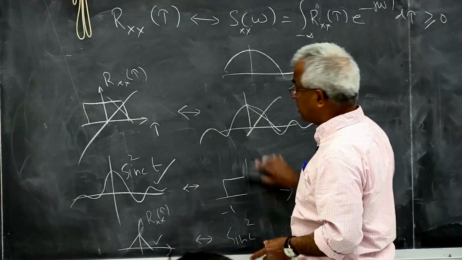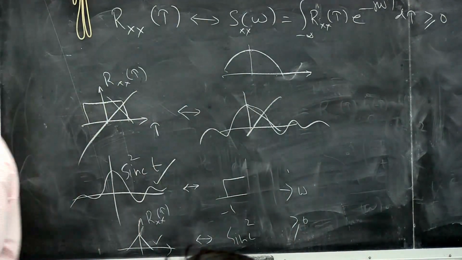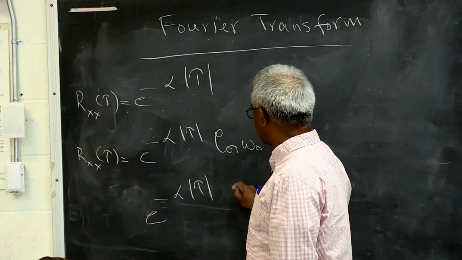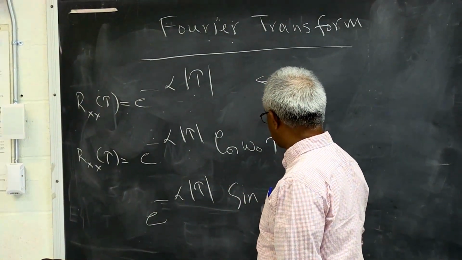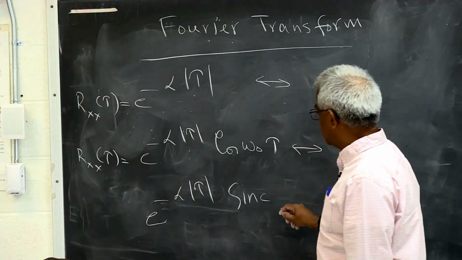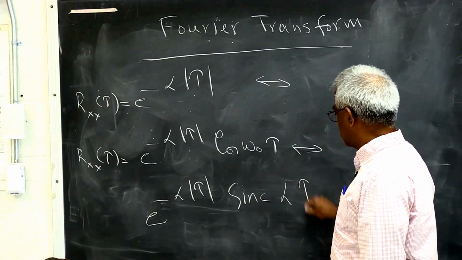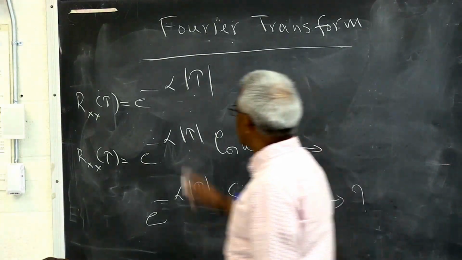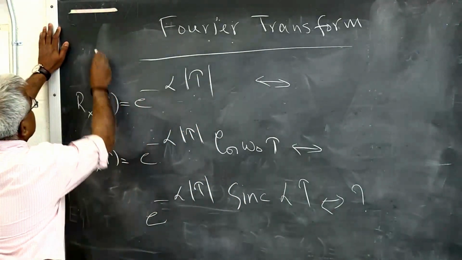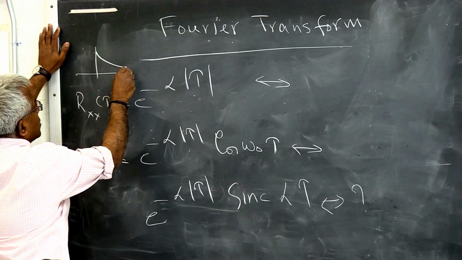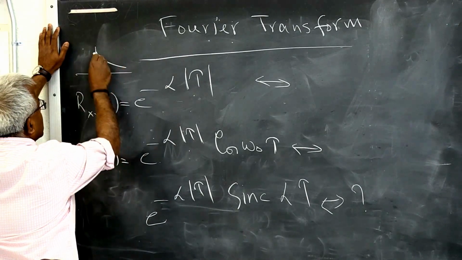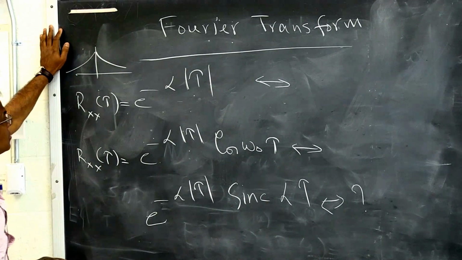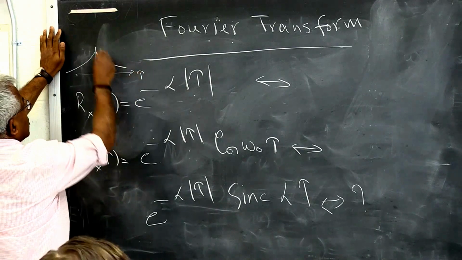Okay, so I think all these problems are there on the videos. So e raised to minus alpha tau looks like what? This function looks like this, right? This is the way the function looks in time.